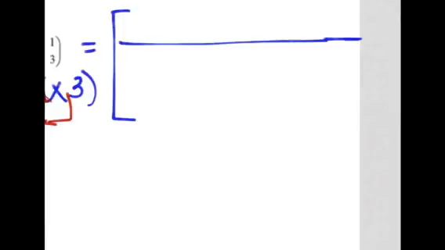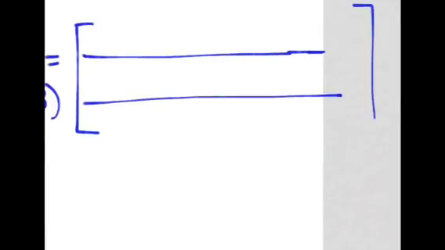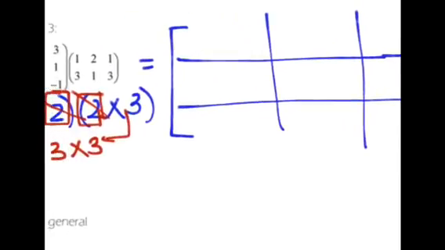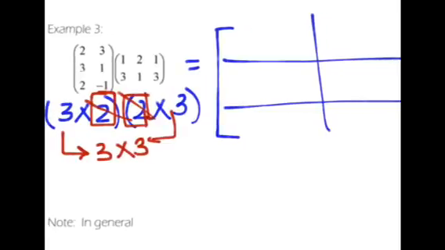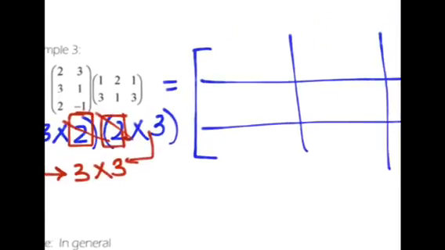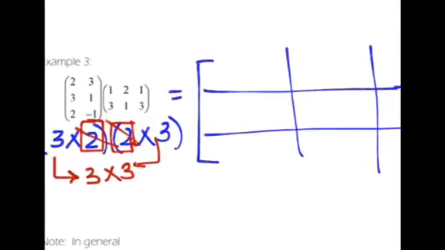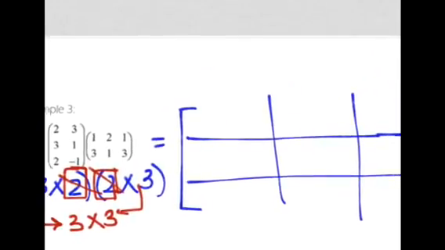I'm creating 3 rows first. Hope this is big enough. And then 3 columns. Okay, so now, same idea. Row 1, column 1. Row 1, column 2.